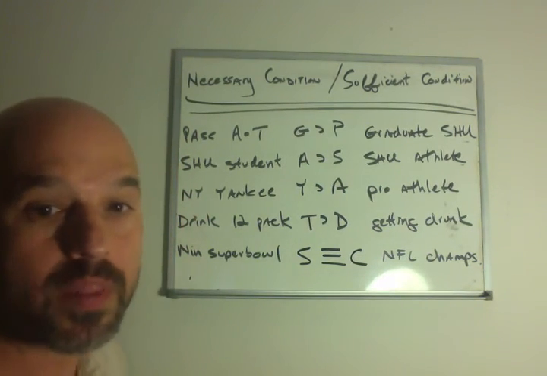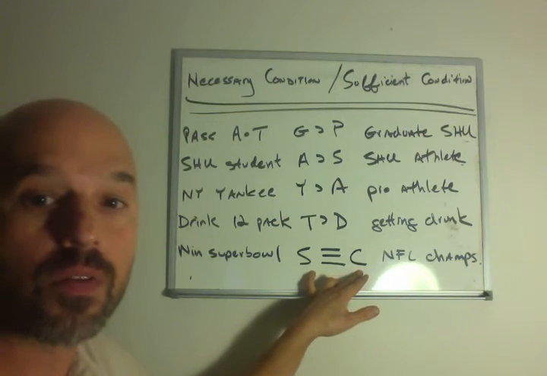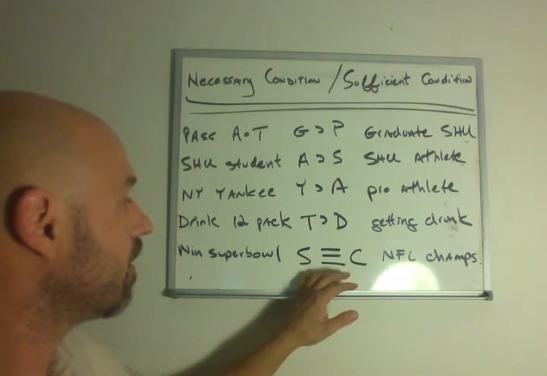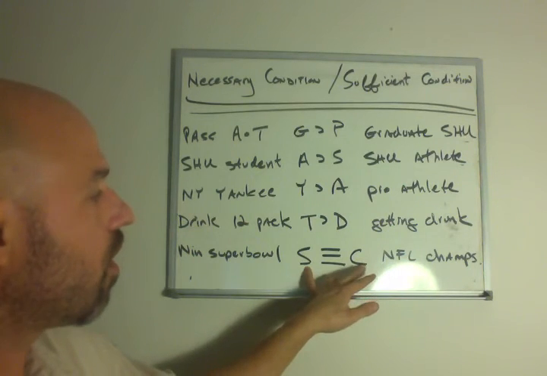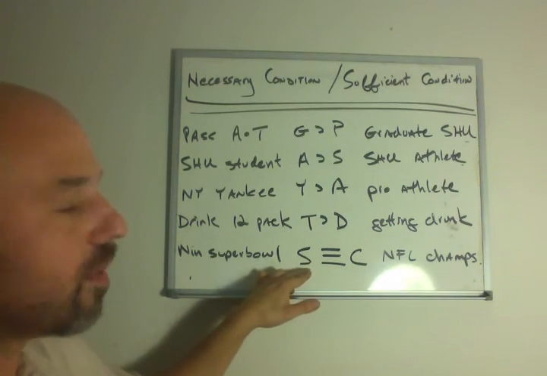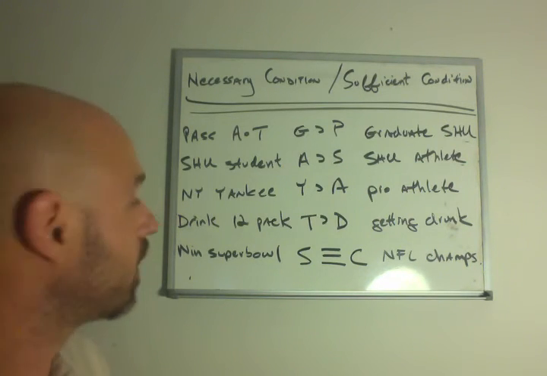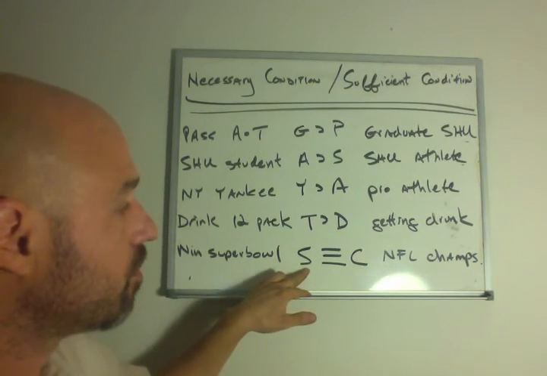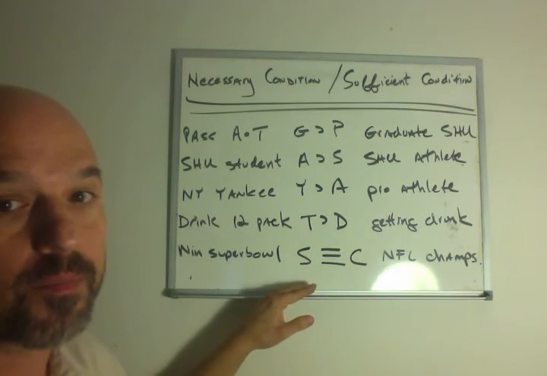What that basically means is that these two things will be true together, or these two things will be false together. If you've won the Super Bowl, you are the NFL champ. If you are the NFL champ, you've won the Super Bowl. They have to be true together, or they have to be false together. If you've lost the Super Bowl, you're not the champ. If you're not the champ, you've lost the Super Bowl.